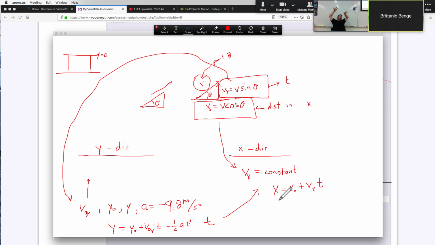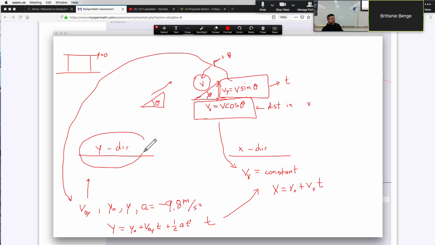And this problem, more than any other problem, I think illustrates what we're doing in this chapter. It's just this over and over and over again, where we have some kind of movement, and it might be up and down, it might be side to side, but it might be somewhere in between, it might be a little bit of both. But we're going to use kinematic equations to figure it all out. And oftentimes, it's very easy to start with the y direction first when it's in 2 dimensions, when you're off at some angle.